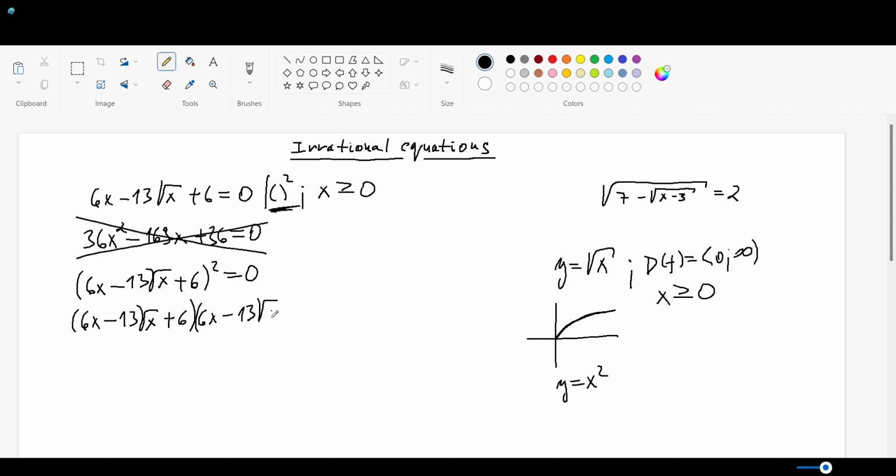If you really try to do the multiplication, you multiply the first term of the first expression by all the terms in the second expression, and you can probably now see very clearly that you will not get rid of the square root of x, because 6x times negative 13 times square root of x will remain there.